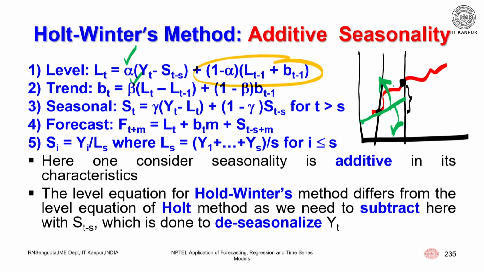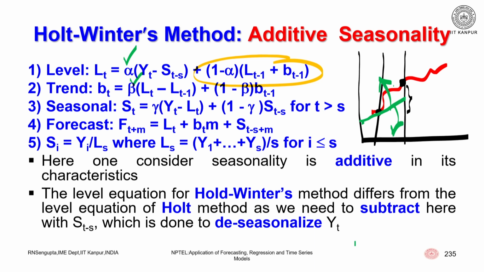If the level decreases, the trend in this period t will decrease. If the level increases, the trend would increase. That's the factor, and you are adding your concept of the weights depending on the past data.